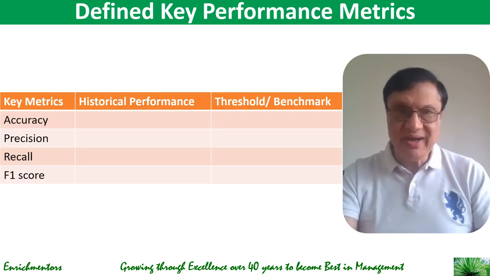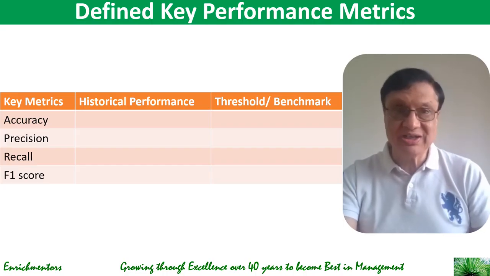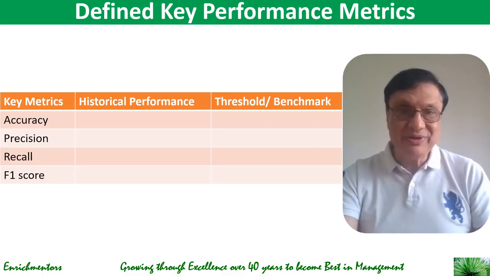First they defined the key performance metrics. The key performance metrics they defined were four: accuracy, precision, recall, and F1 score. And they defined them for each sentiment class, meaning neutral, positive, negative. They then established thresholds and benchmarks based on historical performance, so that they could evaluate their model performance after deployment.